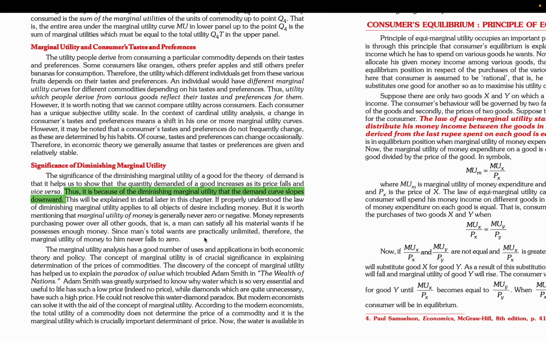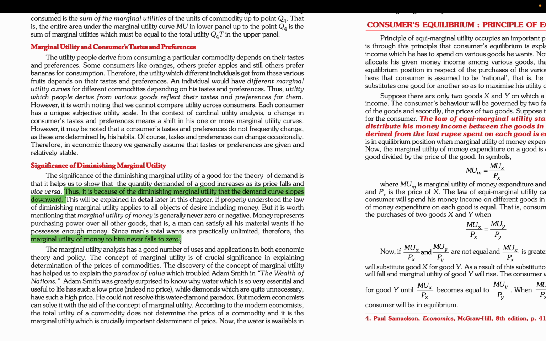Hence, since man's total wants are practically unlimited, the marginal utility of money to him will never fall to zero. Because money is going to get him all the goods that he wants, so it's going to satisfy his wants. And because our wants are unlimited, the marginal utility of money never falls to zero.